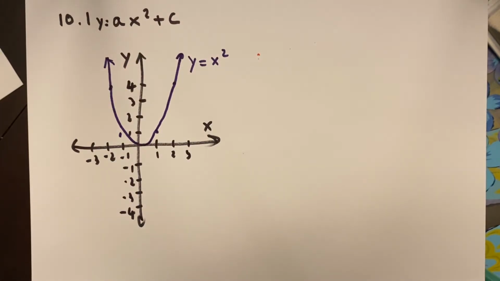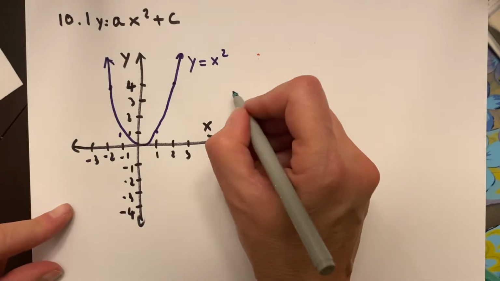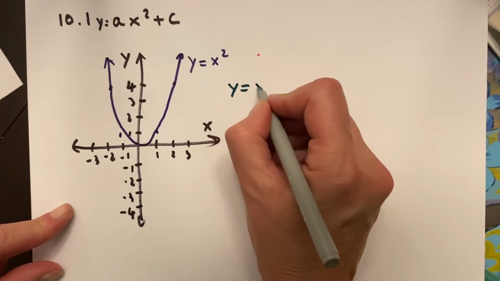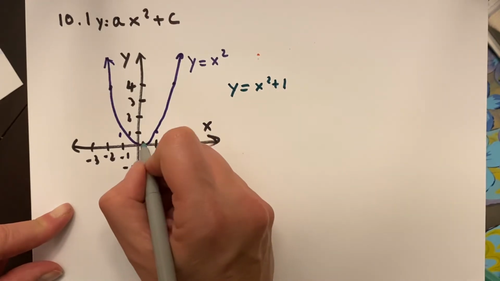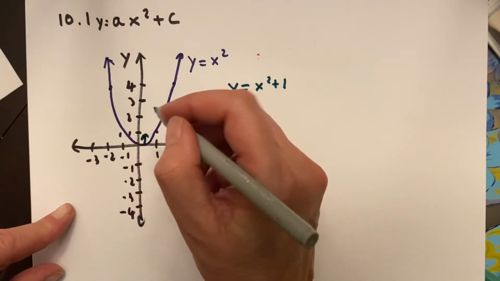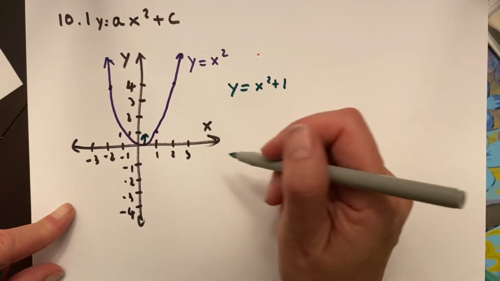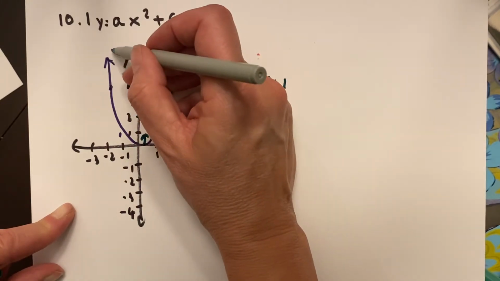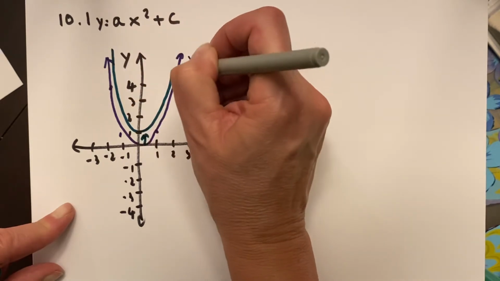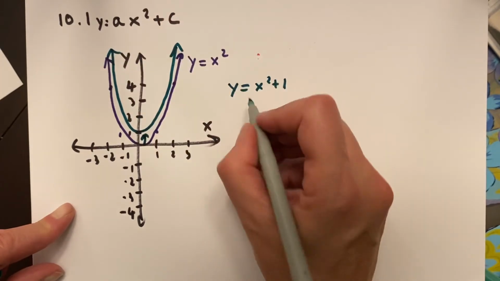If I somehow decide to have a function that says y equals x squared plus 1, this function will literally just go up by 1, but it will be the same shape because the a value hasn't changed. So this is going to be the exact same thing, but it's not a stretch or a shrink.